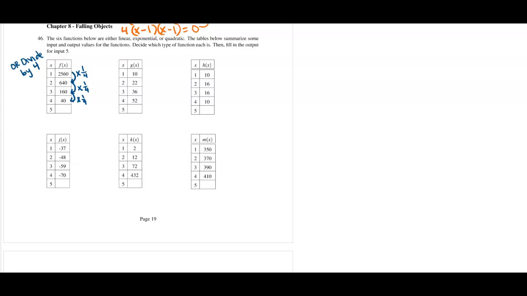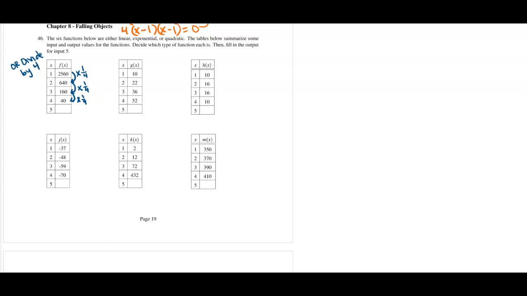So does that mean it's linear, exponential, or quadratic? Which one would that be? When we're multiplying, and it's a constant ratio here. I don't know if it will be linear.